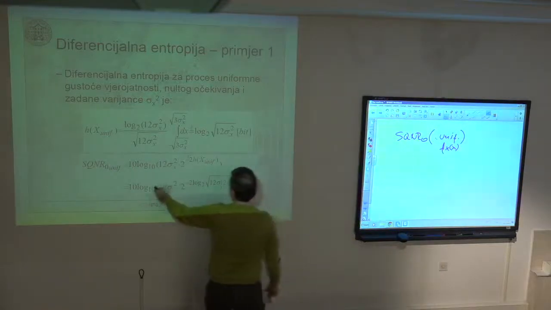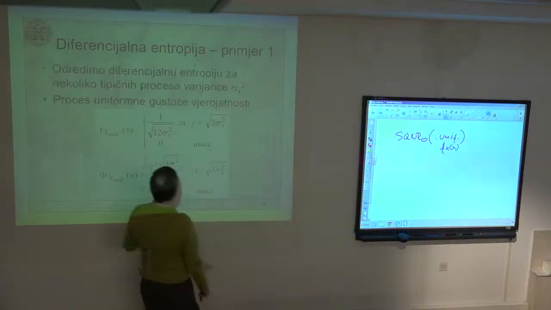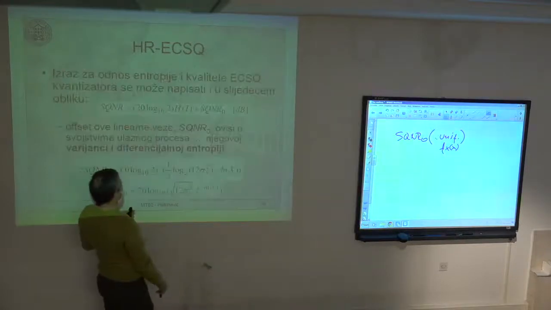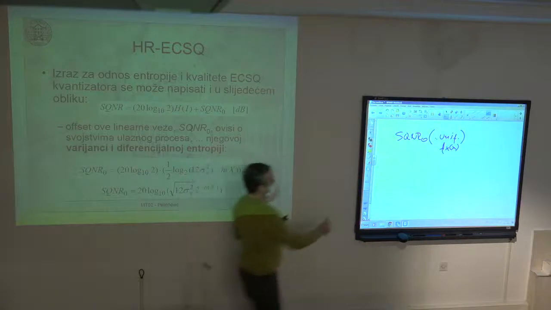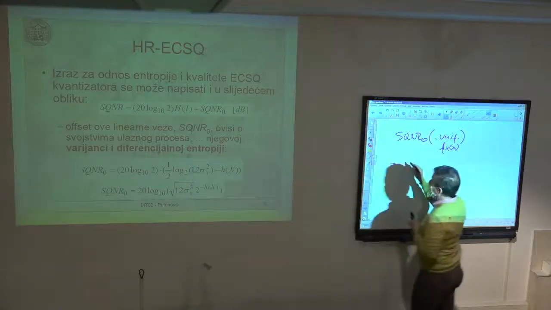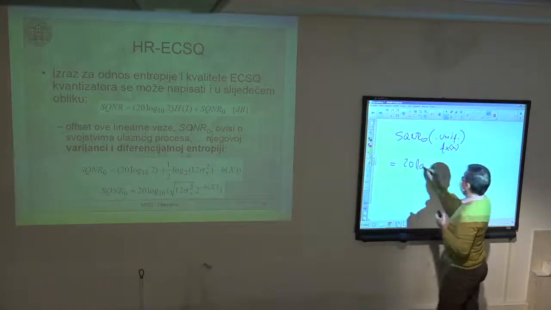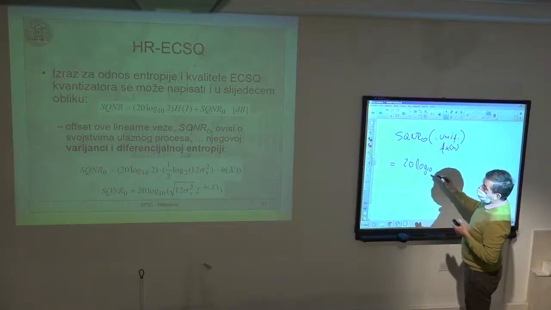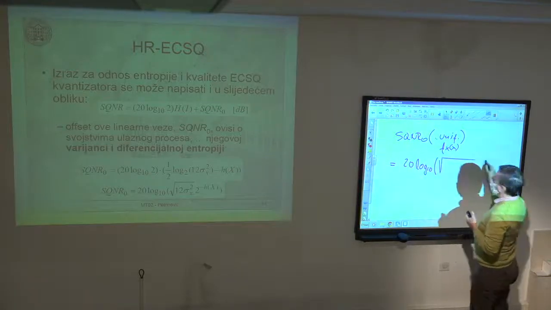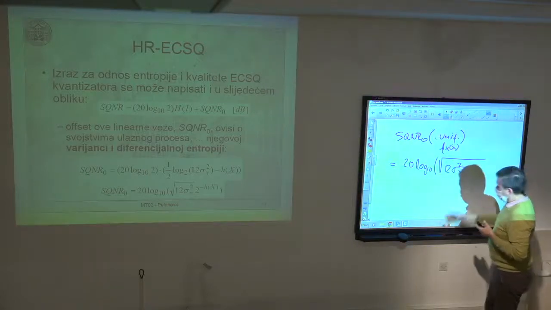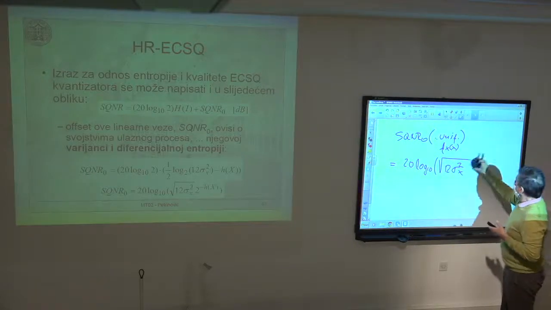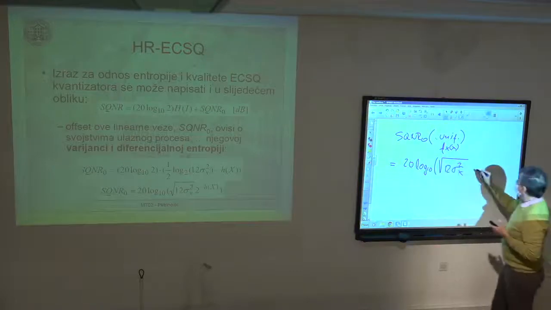I use the original expression for it, shown here: 20 log base 10 of the square root of 12 sigma_x squared, and then multiplied by 2 to the power of minus h(X).